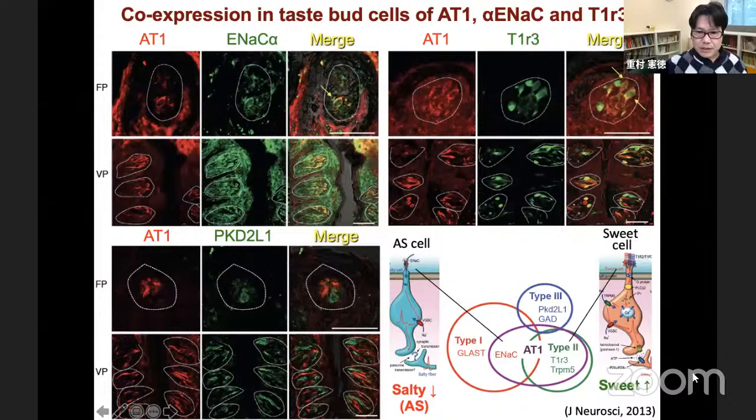AS cells express ENaC, or sweet cells express T1R3. AT1 is co-expressed here with T1R3, and co-expressed with ENaC here.